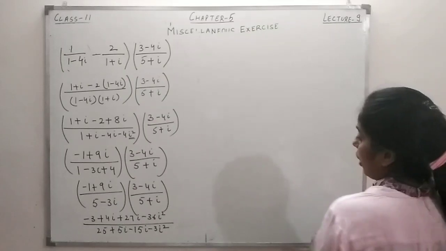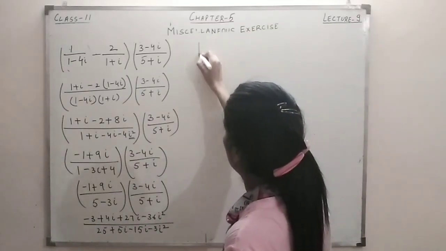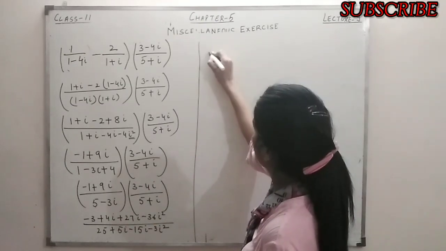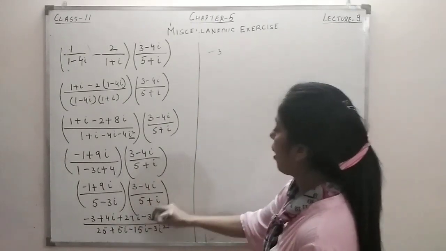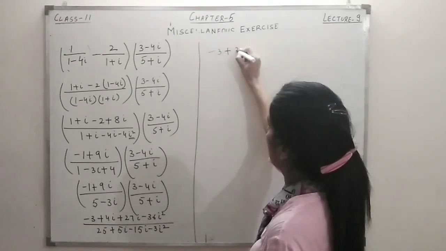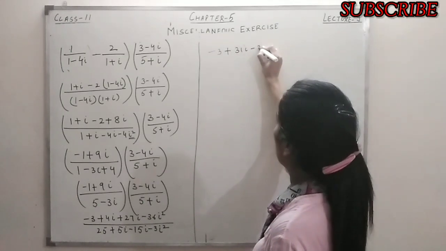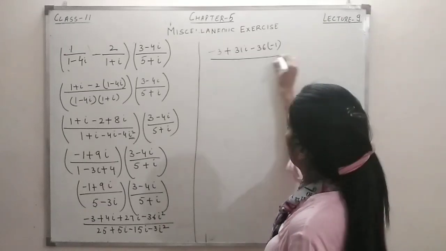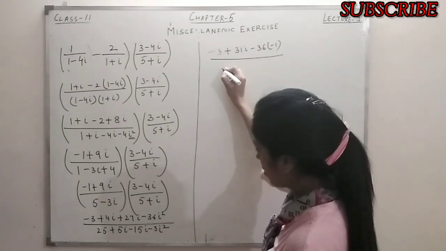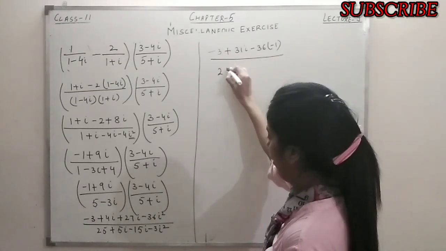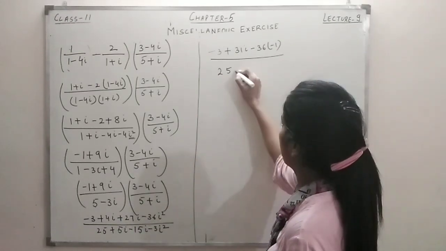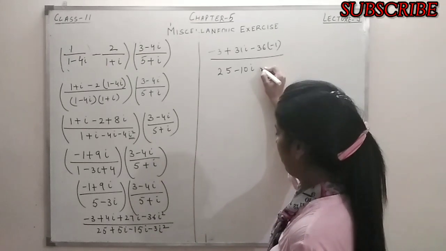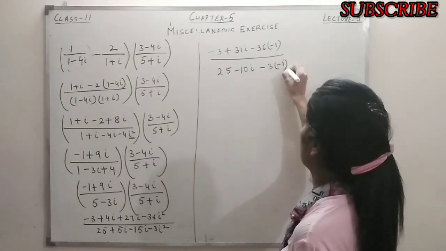Simplify the numerator first of all. What we have, that is minus 3, 4i plus 27i, that is 31i. i square is minus 1. Right? That will come in denominator, that will come 25, 5i minus 15i is minus 10i, minus 3 into minus 1.